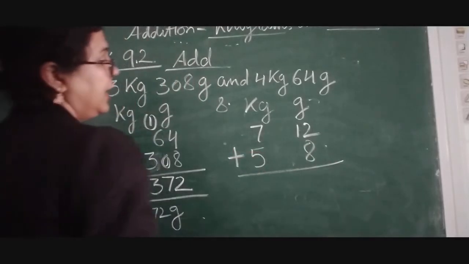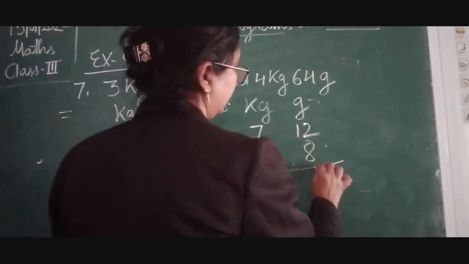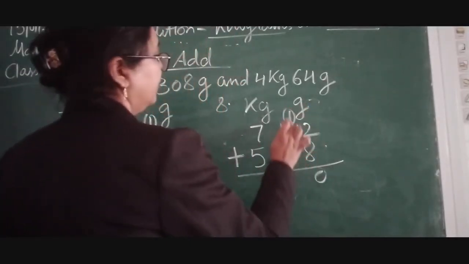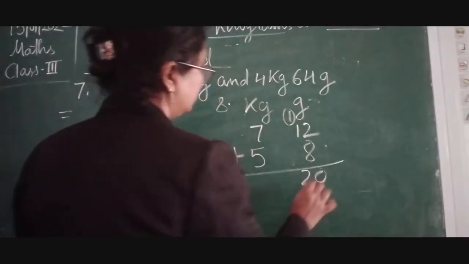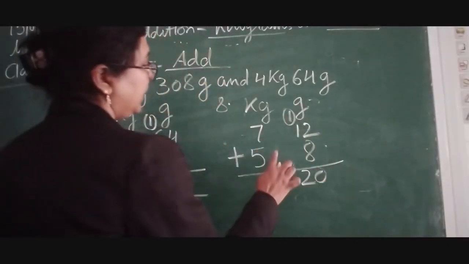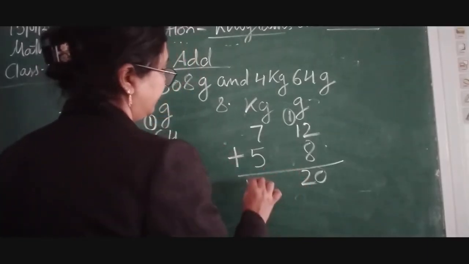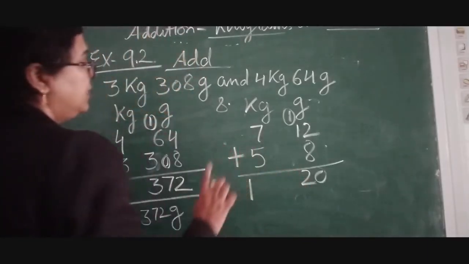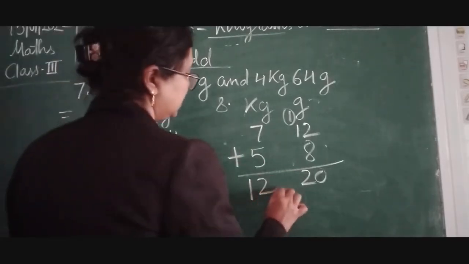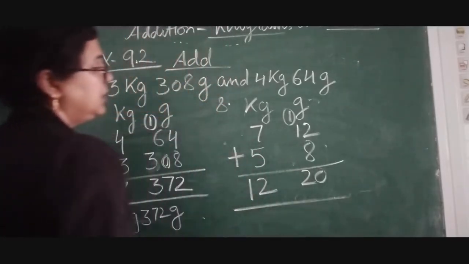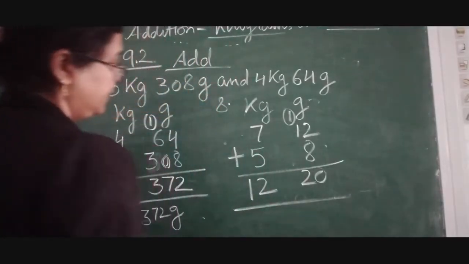We are going to add 8 and 2 is 10, 1 is carryover, 1 and 1 is 2, 7 and 5, 8, 9, 10, 11 and 12. So this is 12 kg and 20 grams.